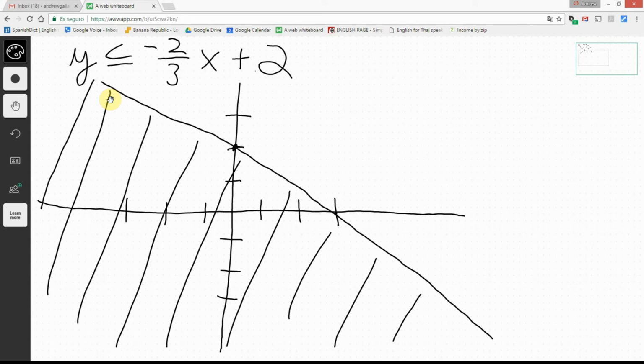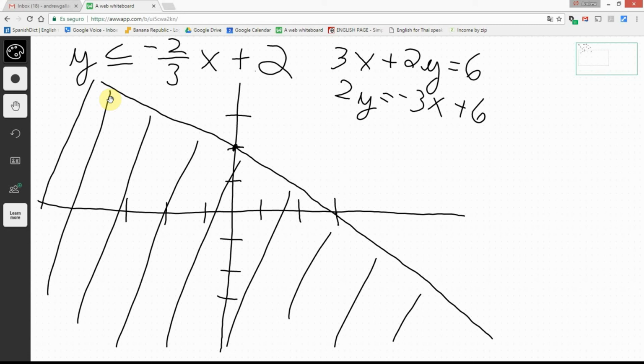But I'm going to change that to 3x plus 2y equals 6. And that's going to be 2y equals negative 3x plus 6. Then you divide everything by 2, and you'll get y equals negative 3/2 x plus 3.